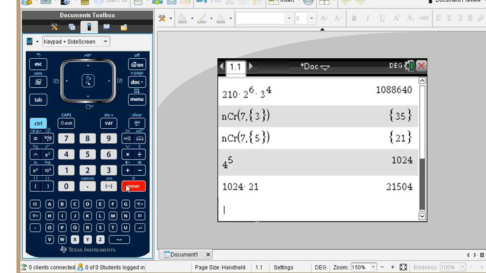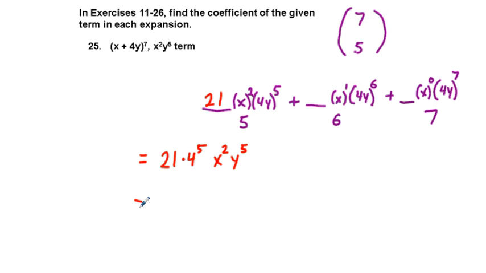So we get 21,504. And 21,504 x squared y to the 5th power. And just our coefficient by itself is this one, 21,504.